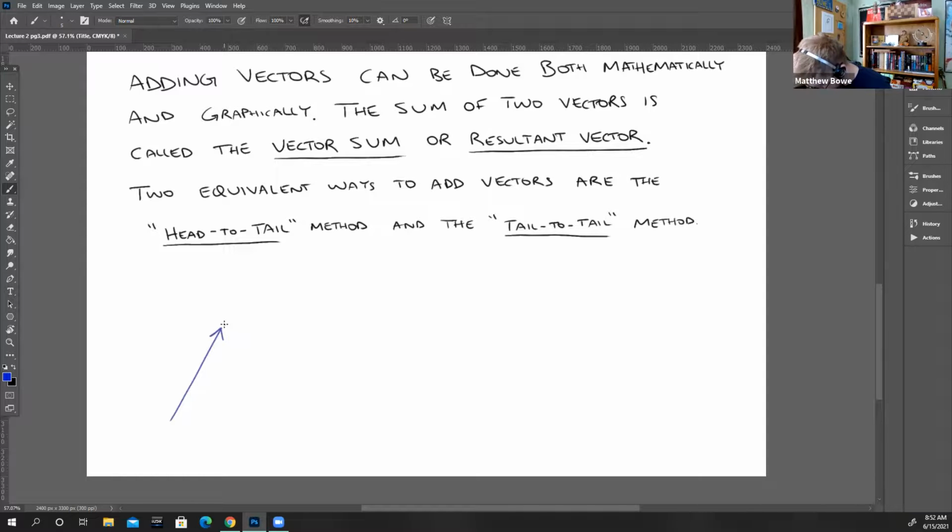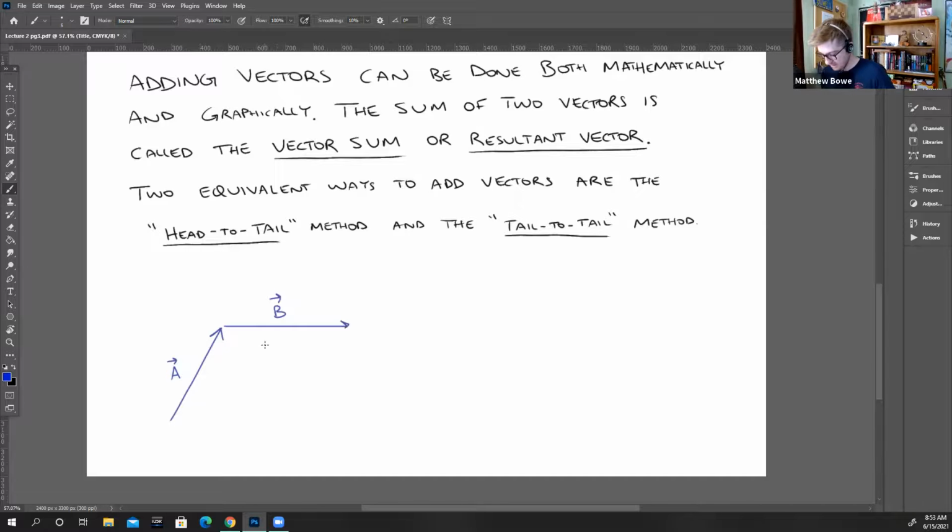Let me label it A. Then there's vector B. I'll try to make it a straight line. Cheat a bit. Okay, we want to add these two together.